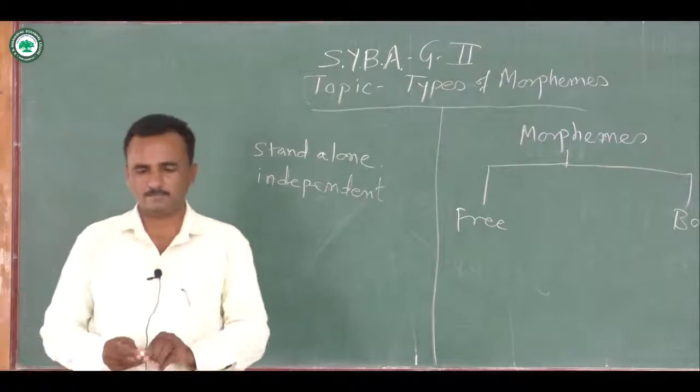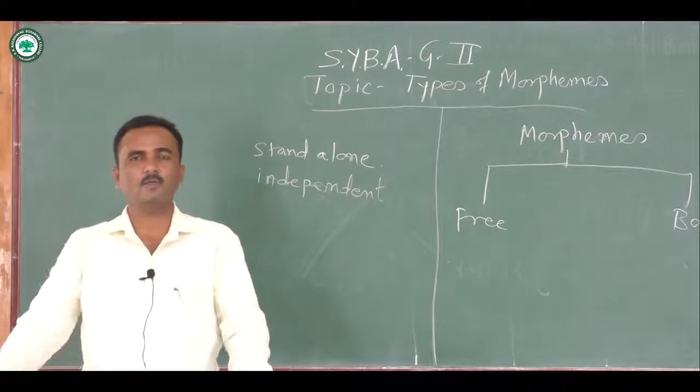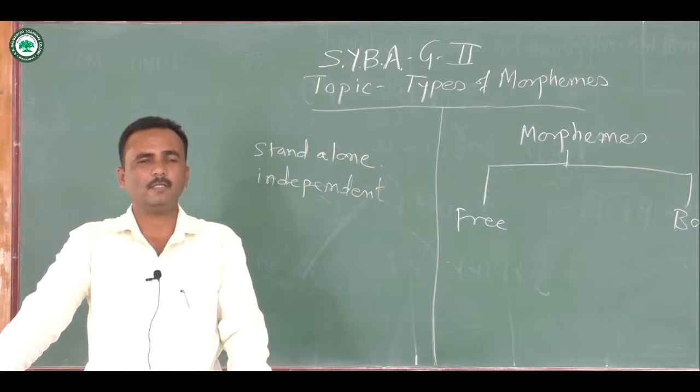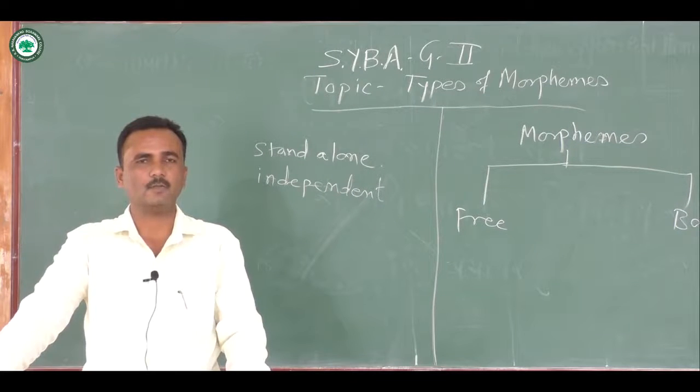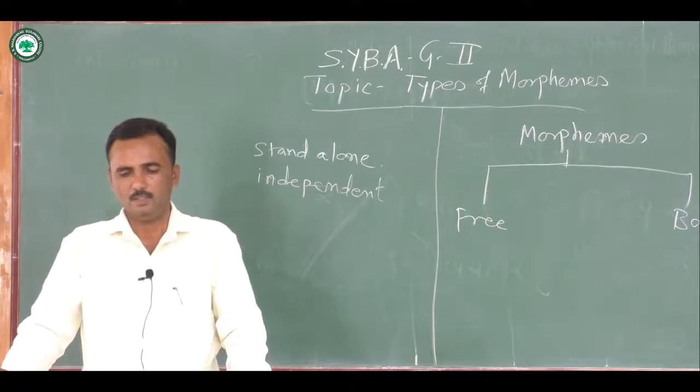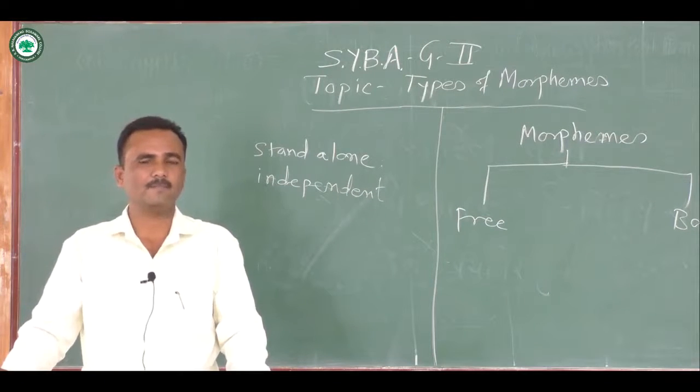They can stand alone to make the meaning clear. For meaning, they do not depend upon other parts or other morphemes of the word. They can stand alone, they are independent, that is why they are called free morphemes. They need not be attached to another word for the meaning.